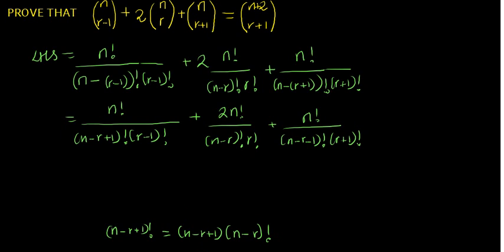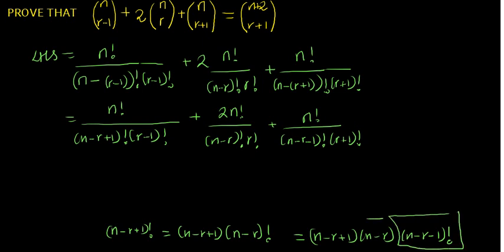I can as well write this and say this is equal to n minus r plus 1. I reduce it by 1, that will be n minus r. I also reduce it by another 1, that will be n minus r minus 1. I can now add the factorial here. That means if I've got n minus r minus 1 factorial, if I multiply by these two, I'm going to get n minus r plus 1 factorial. That is one thing that we need to know.